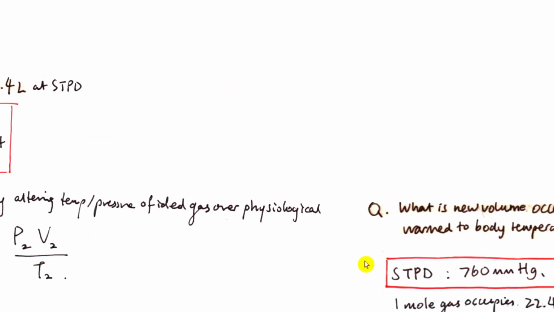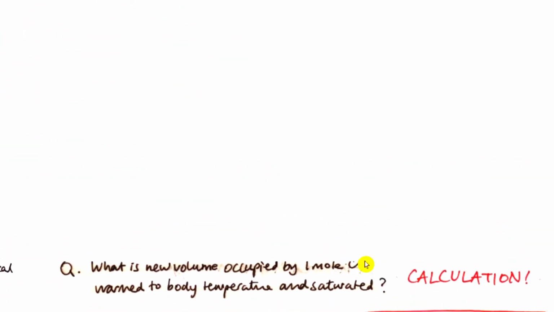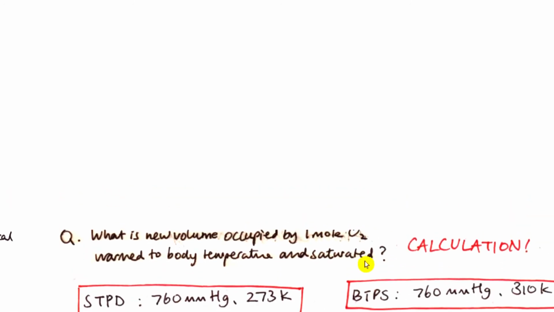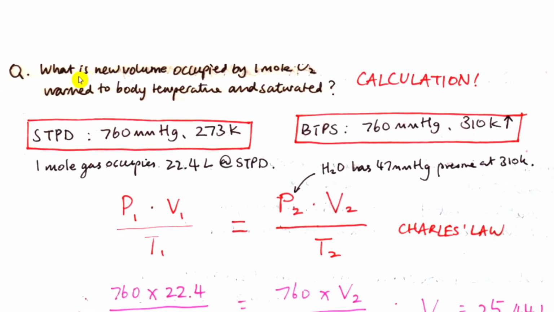Let's have a look at a sample calculation that we can do. I won't scroll down too far. If you want to try this, you can try it yourself, but now I will explain how to do it. The question says, what is the new volume occupied by 1 mole of oxygen warmed to body temperature and saturated? So this is converting from standard temperature, pressure, dry to body temperature, pressure, saturated.